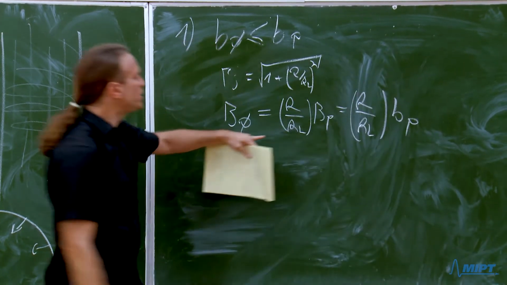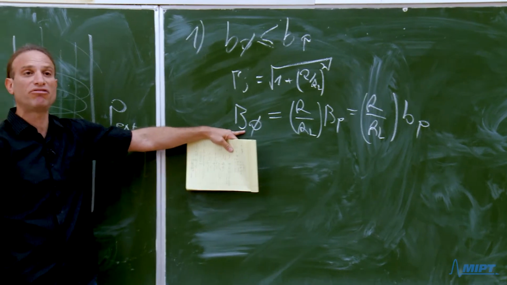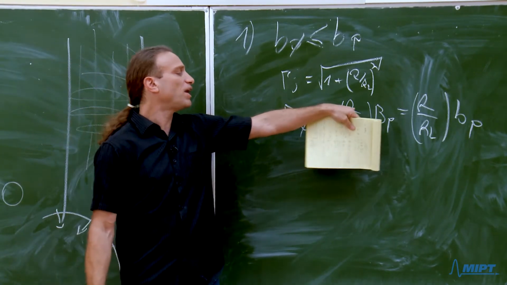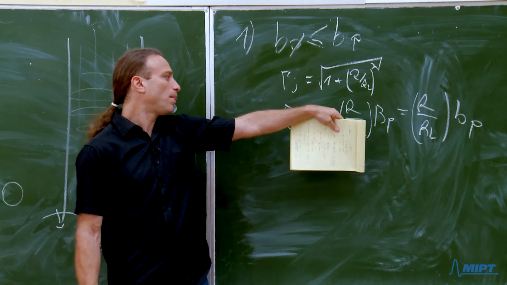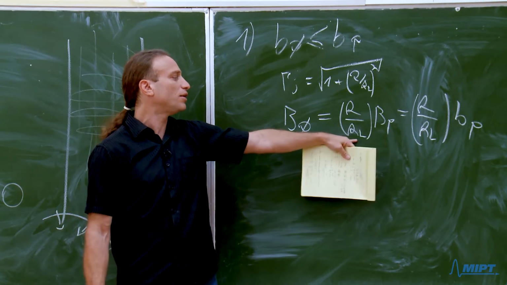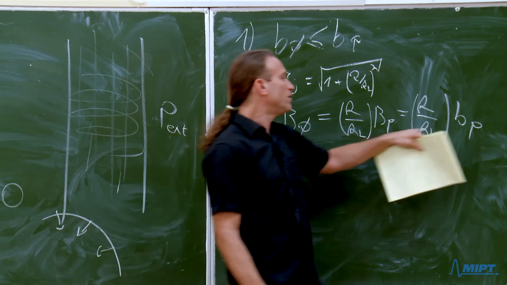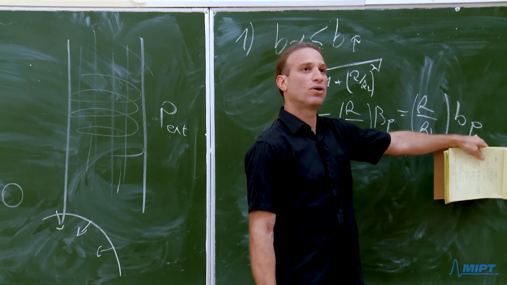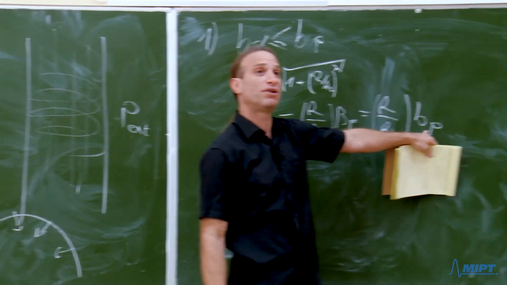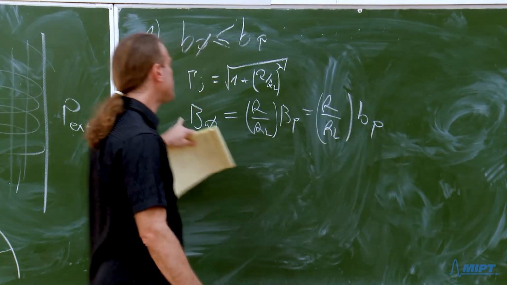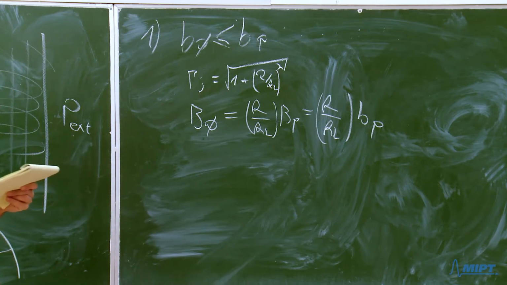What I wrote here is just the definition of B phi. This is how we define B phi: omega r divided by c, or r divided by rL. Now Bp does not go through any Lorentz transformation because everything moves along Bp, so this is equal to Bp in the rest frame. Okay? So this is the second equation that I have.